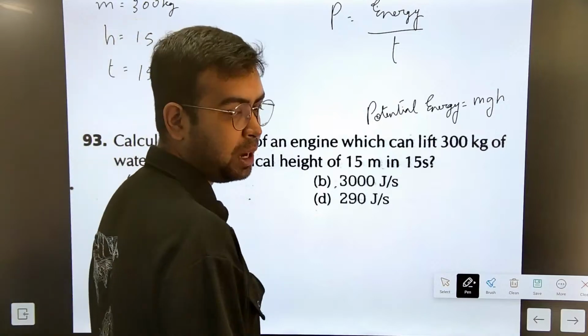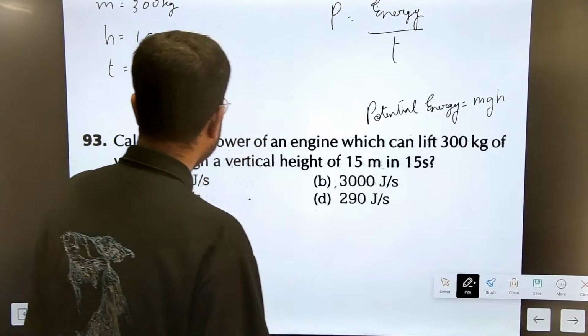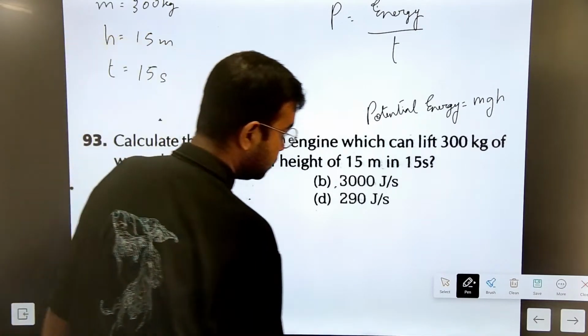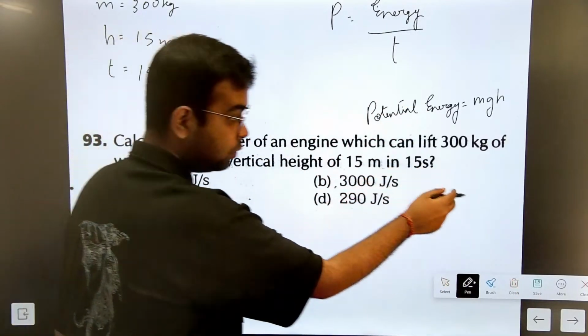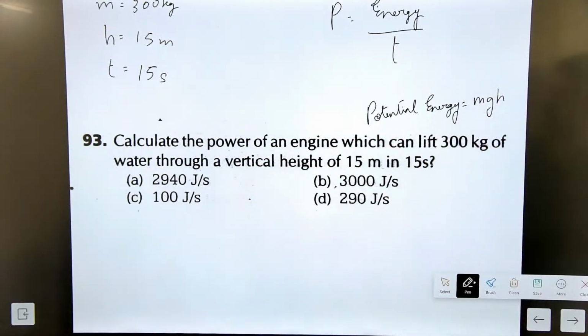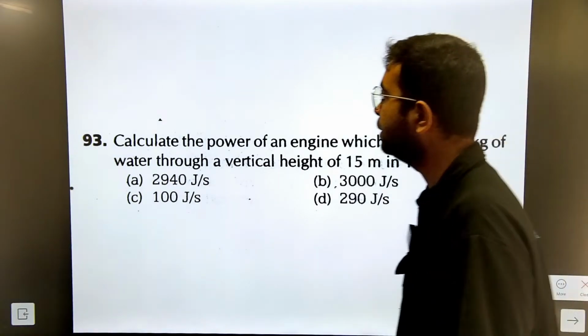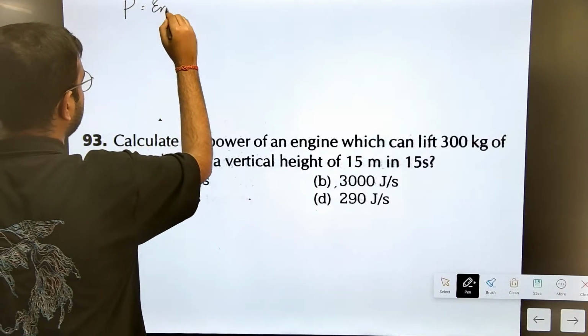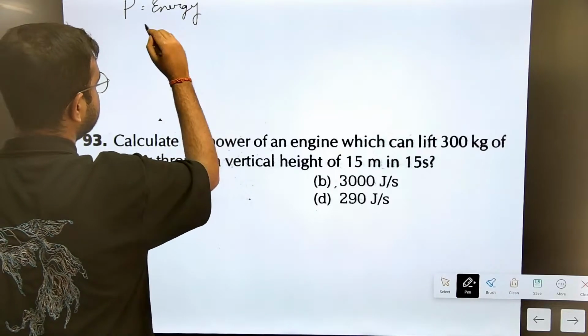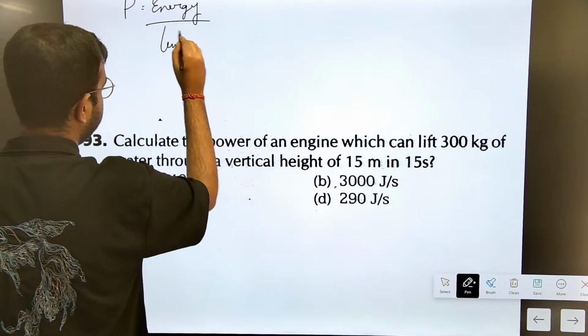Now, so look at this question here. We need to find out the power here. It is very easy. Power equal to weight. Please write this down. Pause the video and write this down. Now see, power equal to energy by time.